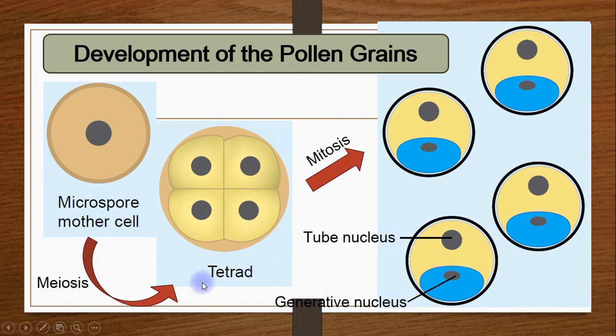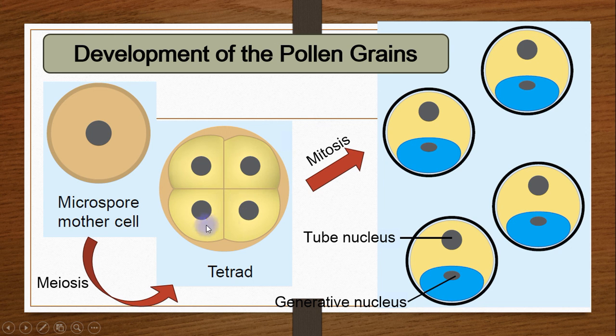The tetrad is also called the haploid microspore cell. There are four tetrads here, and they are haploid. Why haploid? Because the mother cell, which is diploid, carries out meiosis. After meiosis, it produces haploid microspore cells.